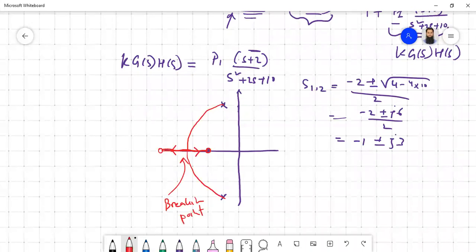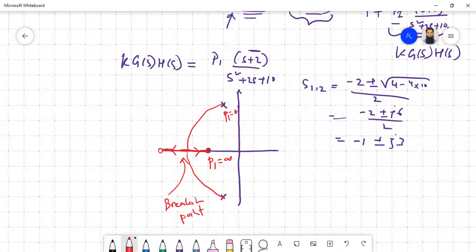Using the calculation that I have shown, now here the value of P1 is infinity, and here the value of P1 is actually 0.